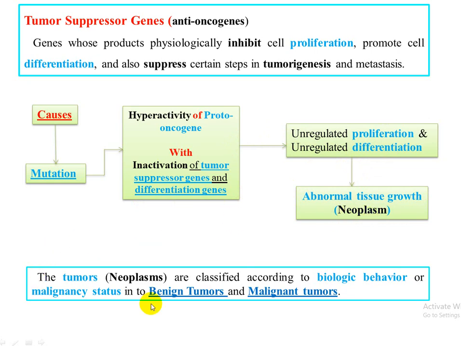Tumors or neoplasms are generally classified according to biological behavior and malignancy status into benign tumors and malignant tumors.